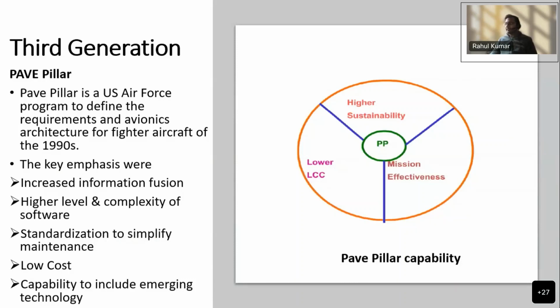One of the third generation architectures is Pave Pillar. Pave Pillar is a US Air Force program to define the requirements and avionic architecture mainly for fighter aircraft or military aircraft.